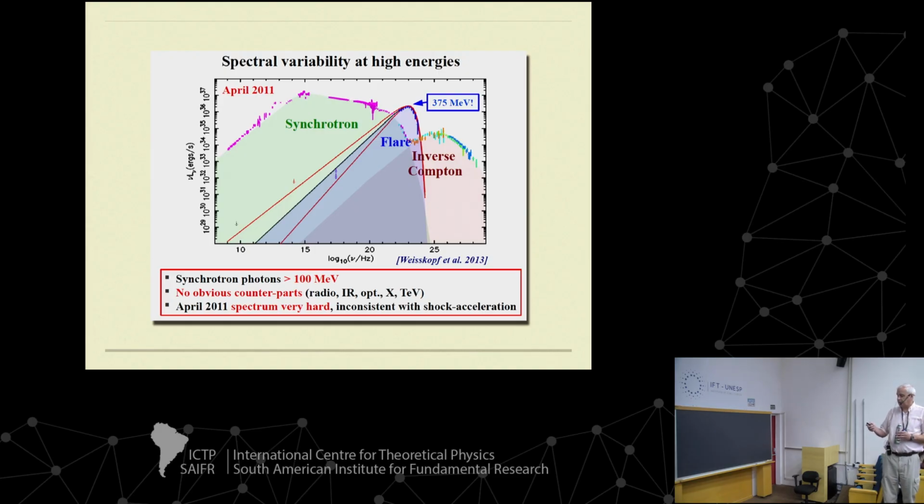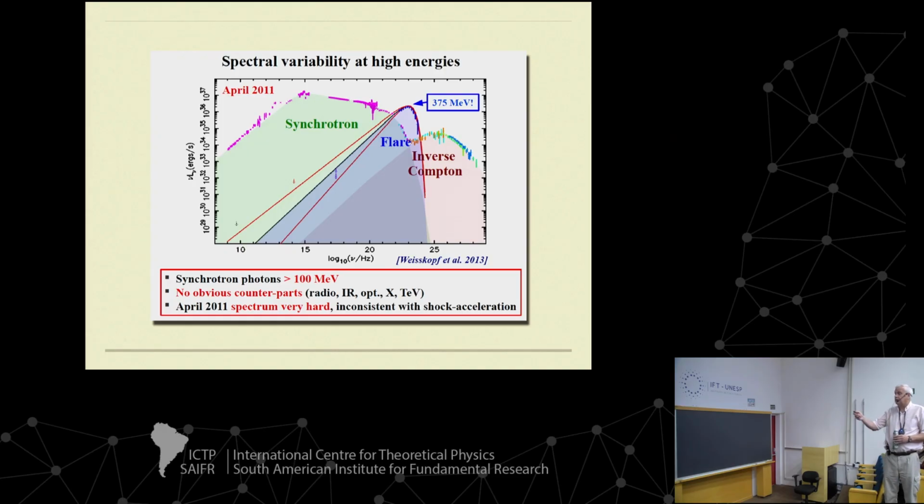So this is a spectral energy distribution where I have added the flare. So you see the synchrotron radiation, the usual one that is produced by this whole supernova remnant, and then you have this tremendous flare here that is a continuation of the synchrotron radiation, but now in clear violation of the synchrotron limit. And then you have the standard inverse Compton radiation.